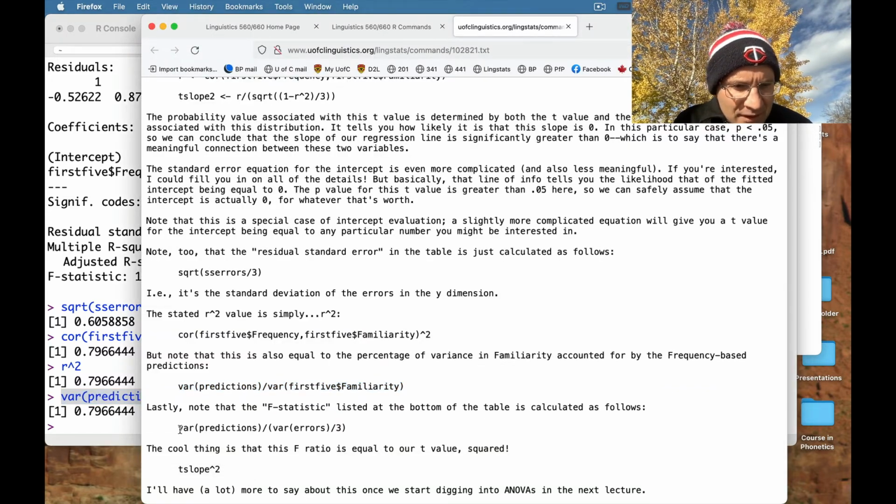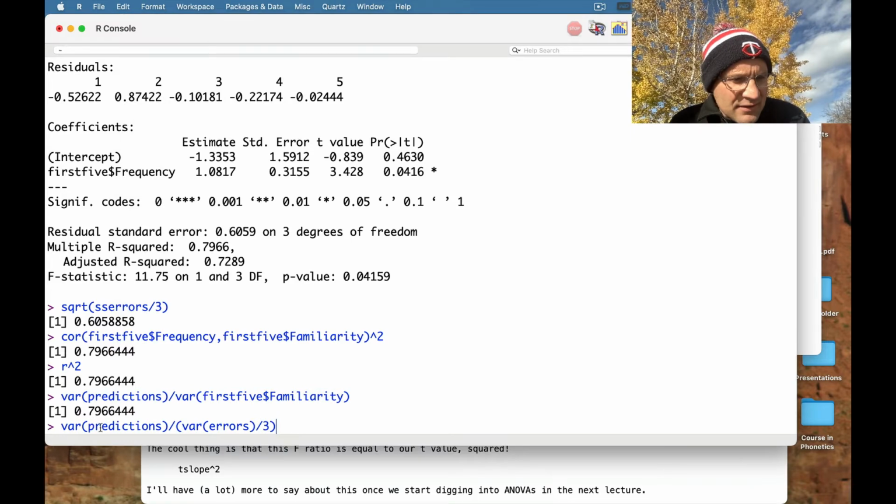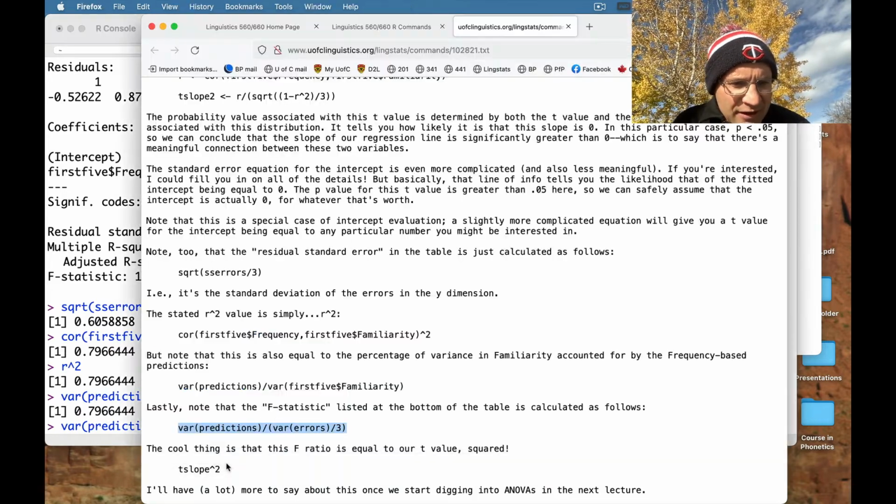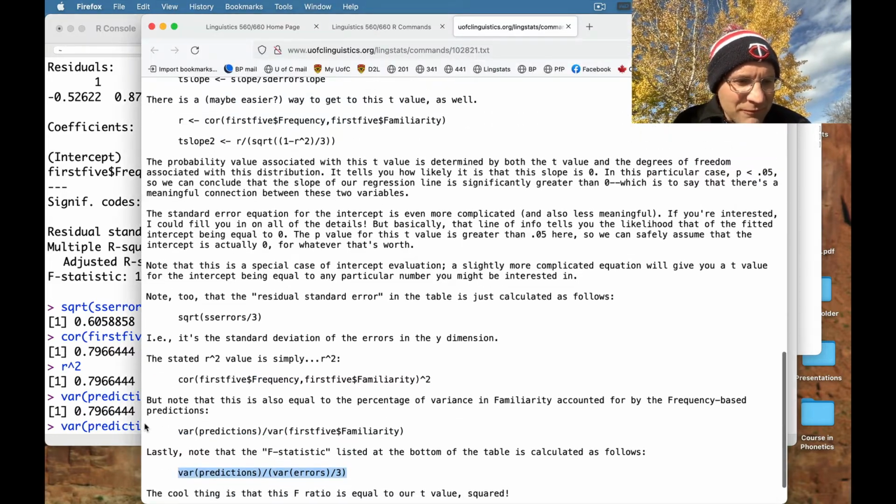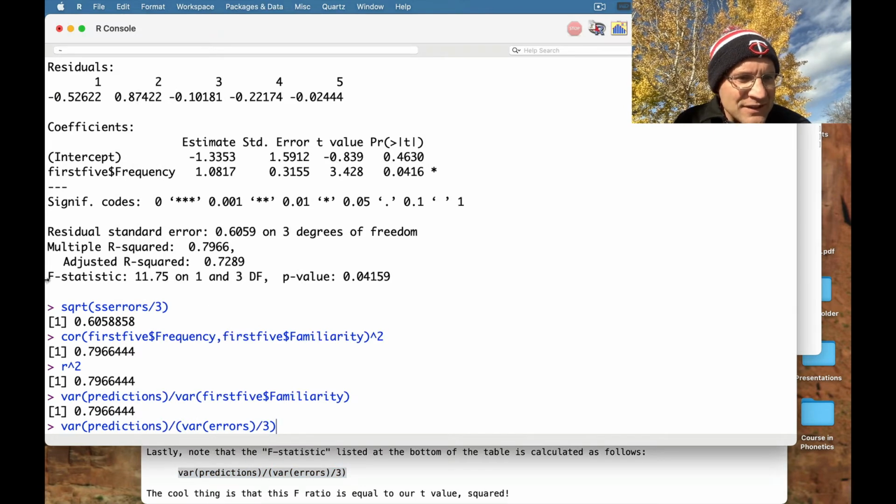And lastly, but not leastly, we can also figure out how to get to this F statistic down on the bottom. That is going to be the variance in our predictions divided by the variance in our errors, divided by 3.